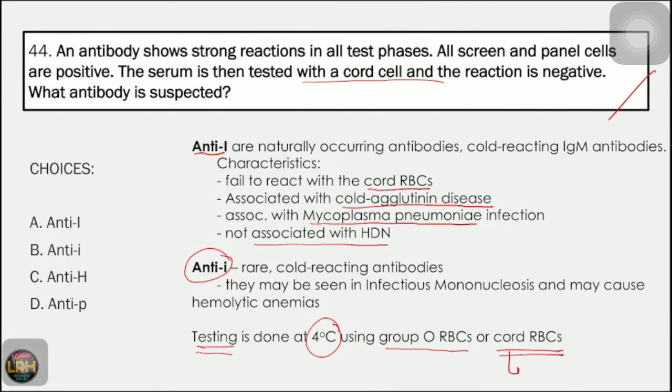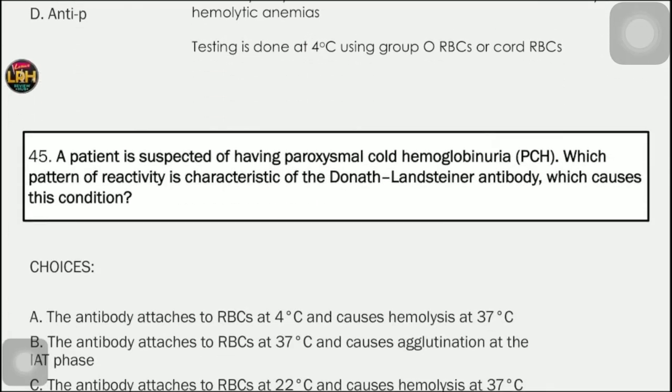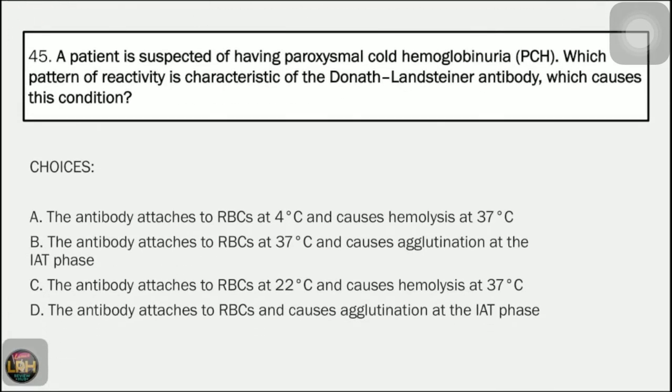In the presence of cord red blood cells, what you can observe is the negative reaction with anti-I. So number 44, the answer is letter A, anti-big I, anti-I.